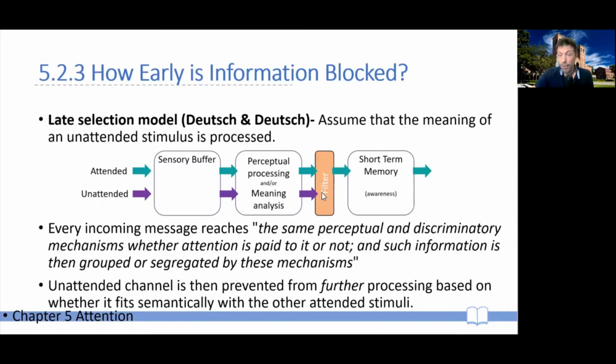However, the flip side of that is that you do get to assign meaning to everything. All the information that comes in, whether you care for it or not, gets processed fully. And after that, the selection mechanism, the filter, keeps some information and rejects other information.